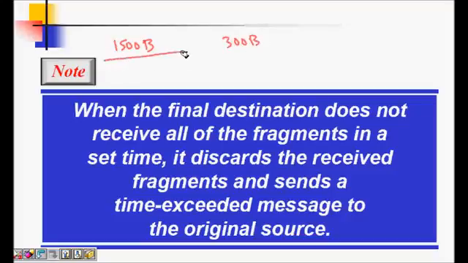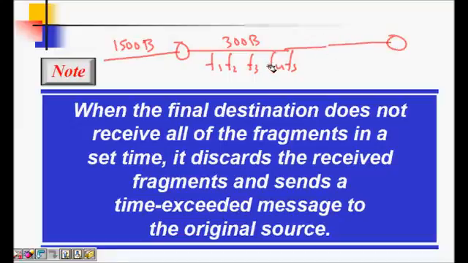So when a packet comes from one data link layer to another, the frame has to be divided into smaller pieces called fragments. If here its maximum is only 300 bytes, the 1500 bytes need to be divided into frame 1, frame 2, frame 3, frame 4 and frame 5. When they come to the destination, it will again arrange all of these.